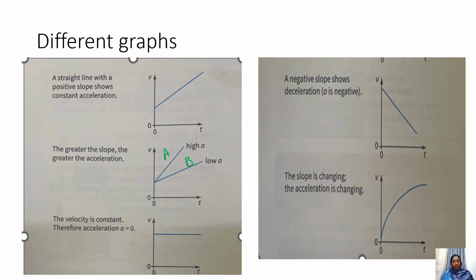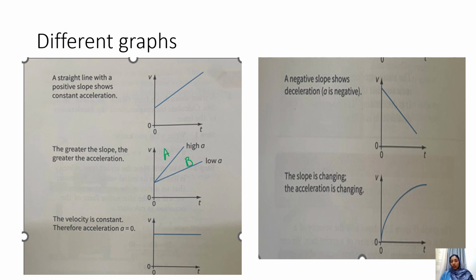Now, what about the third graph? Here, if we closely analyze, you can see as time increases, velocity is not changing, it is constant. That means acceleration is 0.